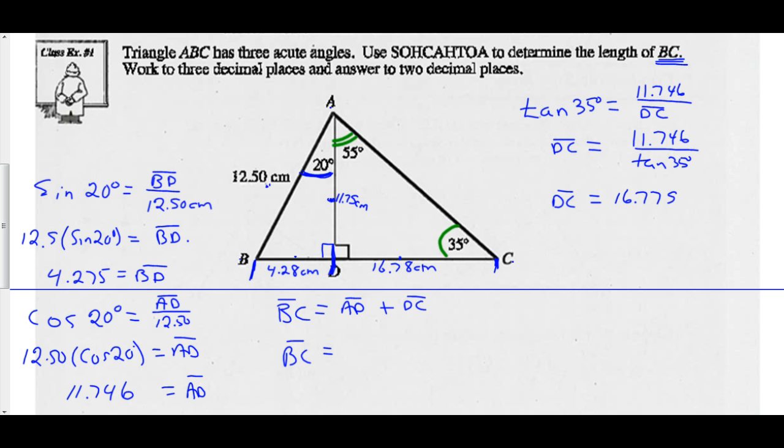If we use the answers to 3 decimals, 4.275 added to 16.775, we get exactly 21.05 centimeters. So there's the length of side BC.